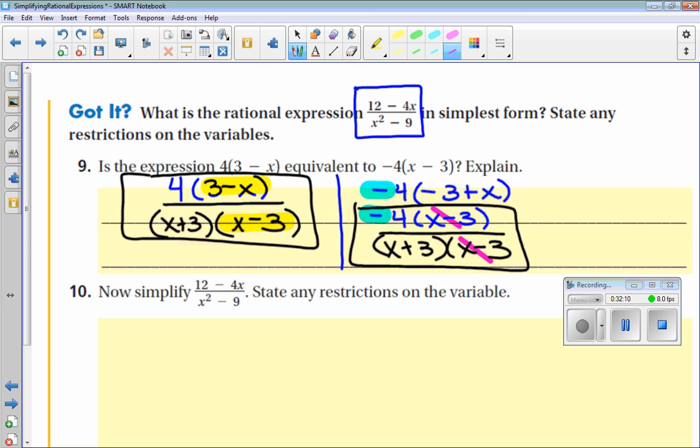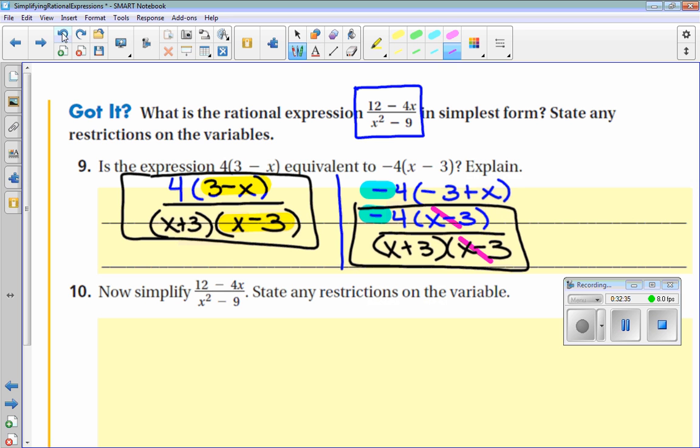We want the factors to look exactly alike. They looked close over here on the left, so that is your hint. If they look close, then I should probably have taken out a negative. I took out a negative 4 because I wanted the factors to look exactly alike. So we have to cross the other one out.